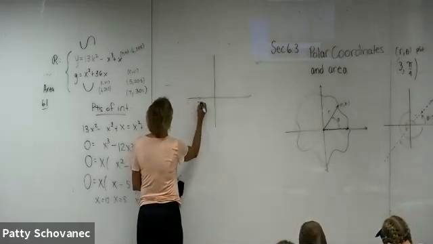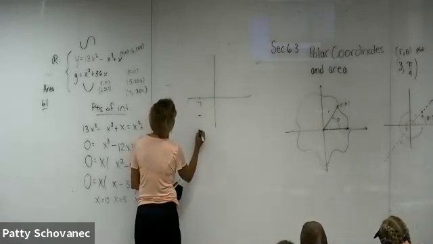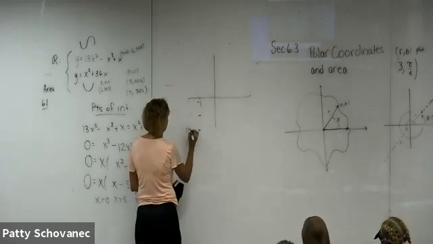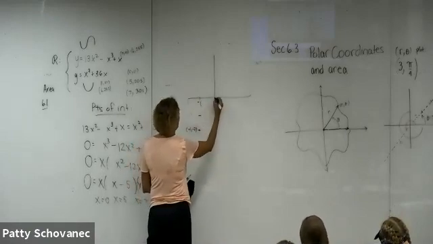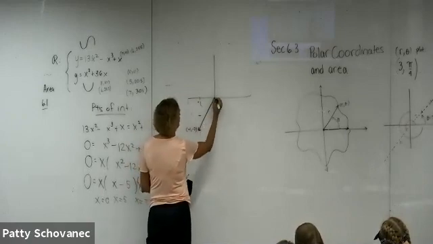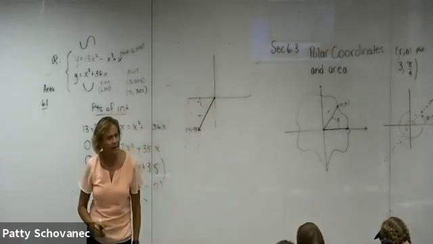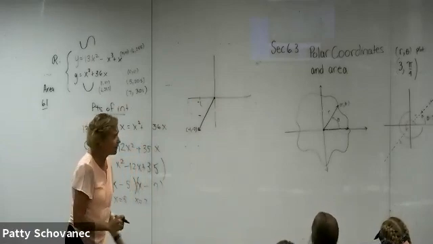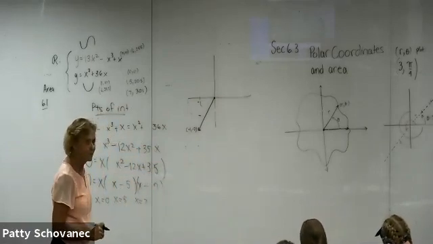Here's x is -1, y is -2. Now I want r to come this long. How on earth can you figure out how long r is? By the Pythagorean theorem. Root of 5.